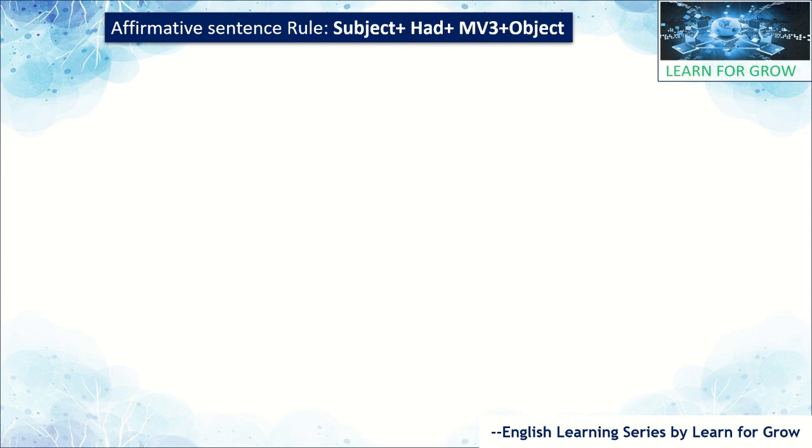Means we first put the subject, after that the helping verb had, and the third form of main verb, like for example go, went, gone. Go is the first form, went is the second form, gone is the third form. Like that, here the main verb third form needs to be mentioned, and after that the object. The helping verb we are using here is had.